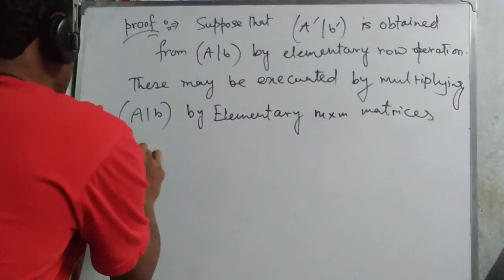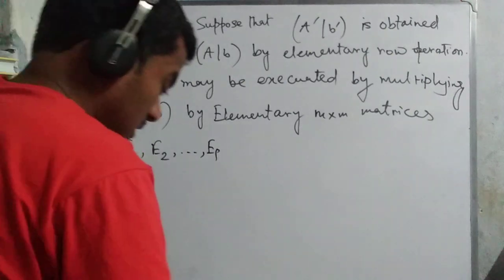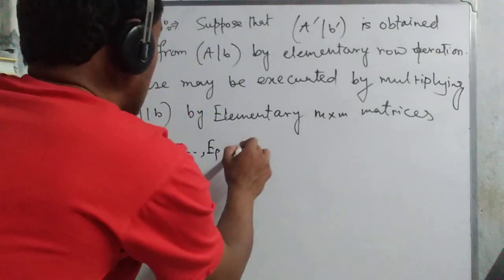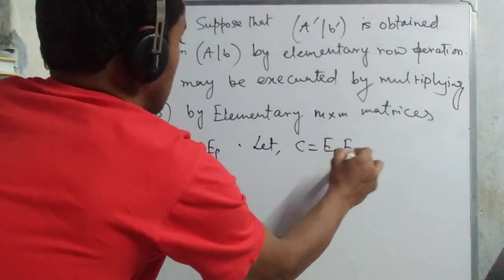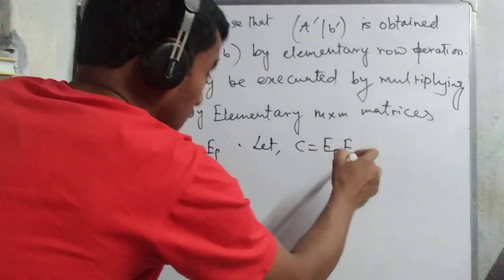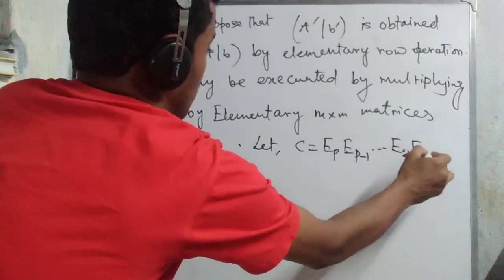Here E1, E2, up to Ep, understood, and let C equal to Ep, up to E2 E1.